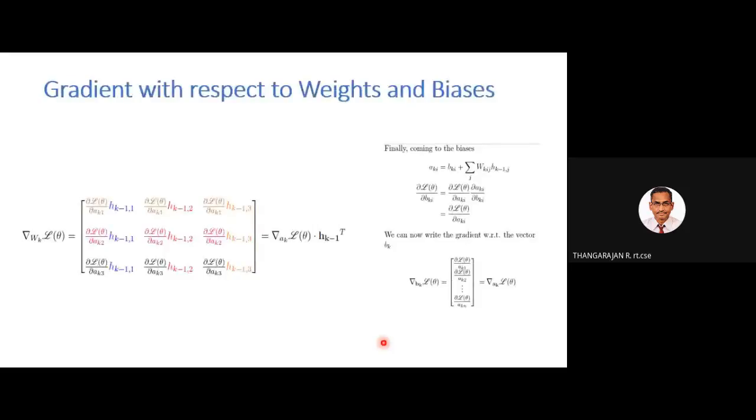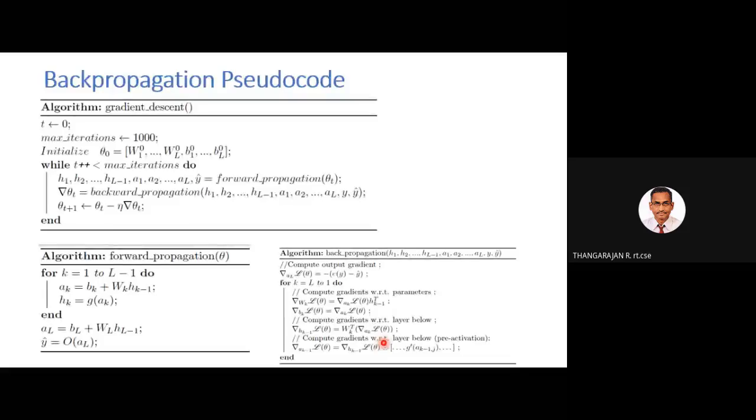Now we get into the actual algorithm. This actual algorithm is the gradient descent algorithm. You initialize theta, which is just the stacking or juxtaposing of your weight vectors and your biases, and then you repeat this loop until the maximum number of iterations.